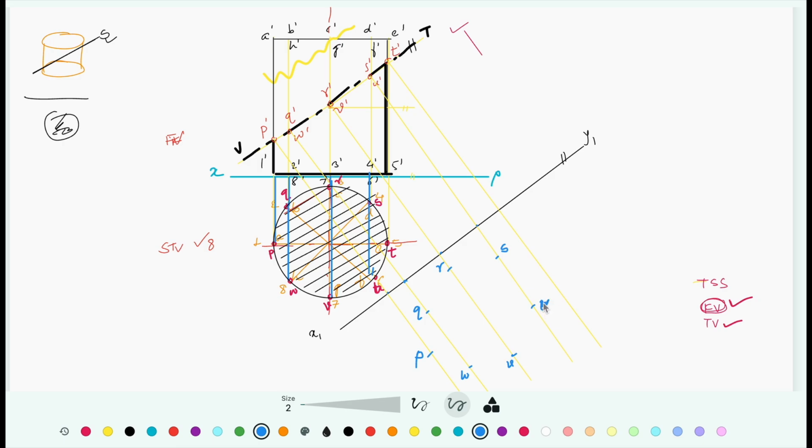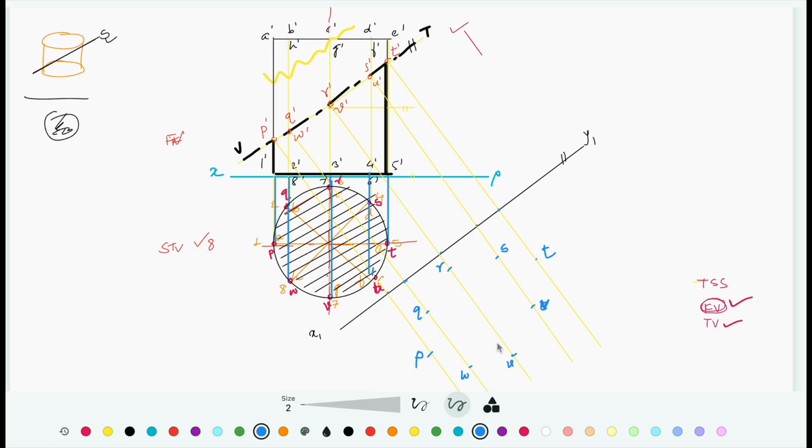And finally, T point, so take distance of T from XY, projector of the T, the last projector, keep compass at X1, Y1, over here and locate the point T.